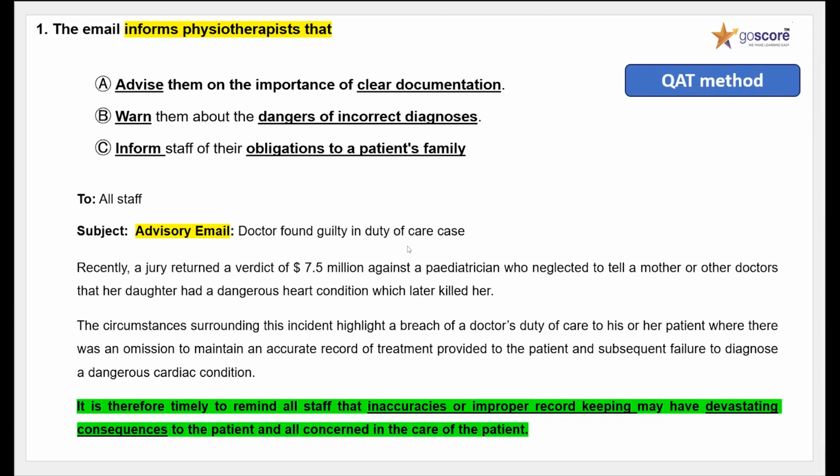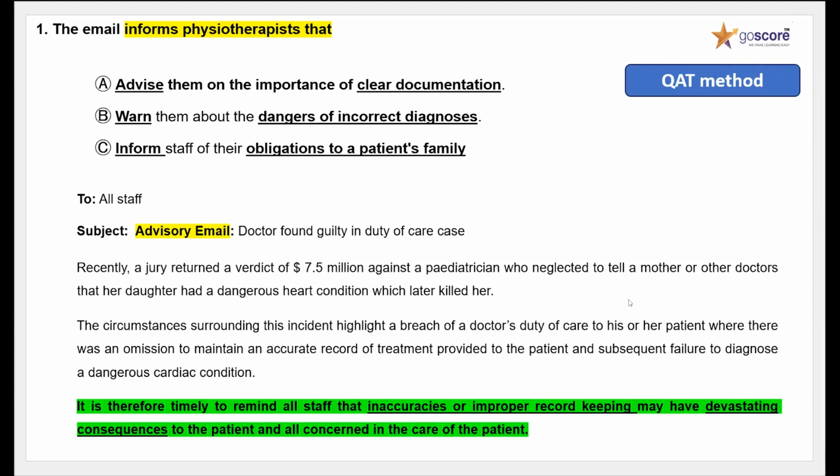So the best thing is, when you read each sentence, take the meaning in your own language, in your mind. Don't read the complete paragraph and then think about the meaning. No. When you read the sentence, at the same time, take the meaning and move to the next sentence.